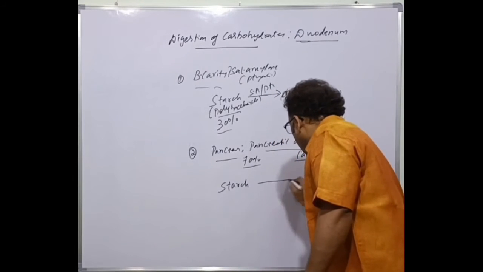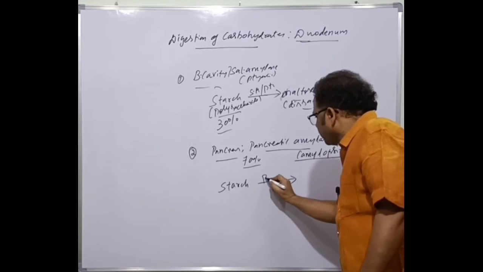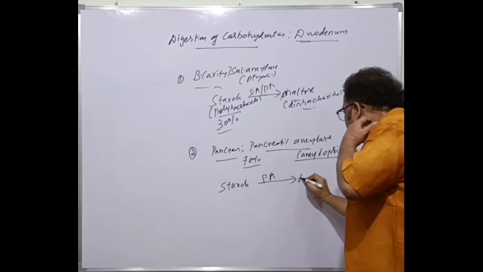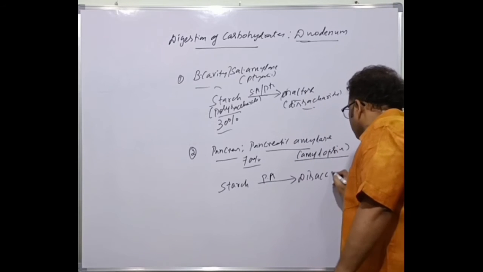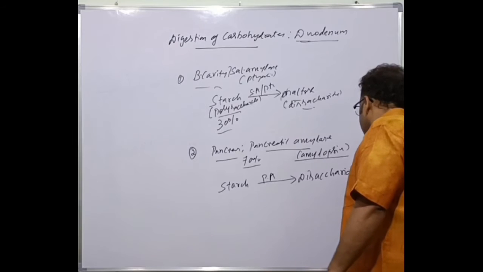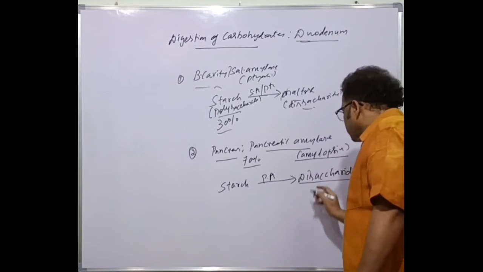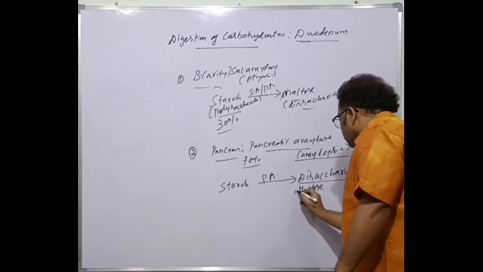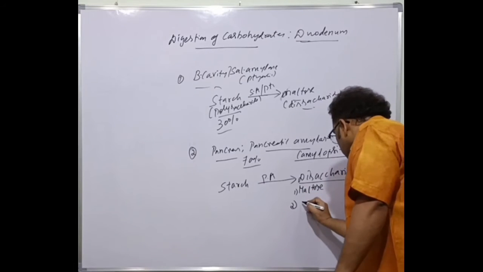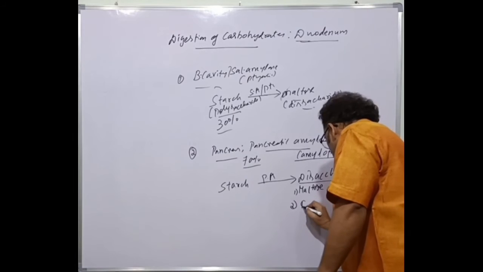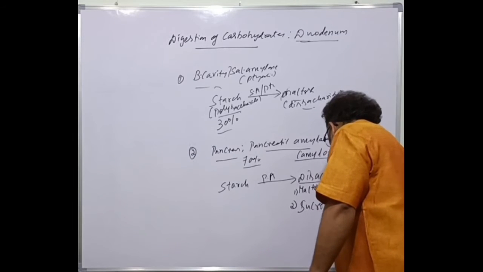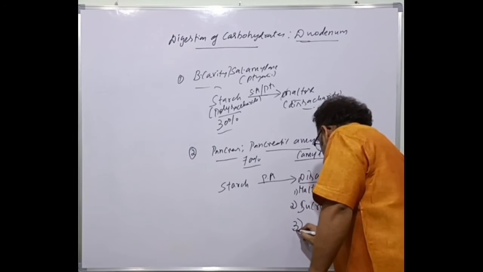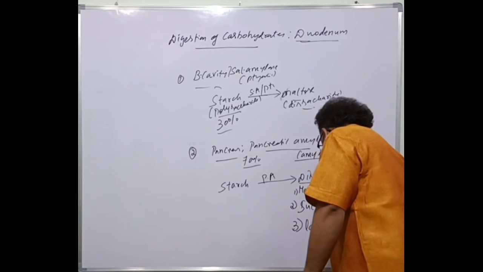The starches are broken down in the presence of pancreatic amylase into disaccharides. What are the three disaccharides? One is maltose, number two sucrose, and number three lactose.